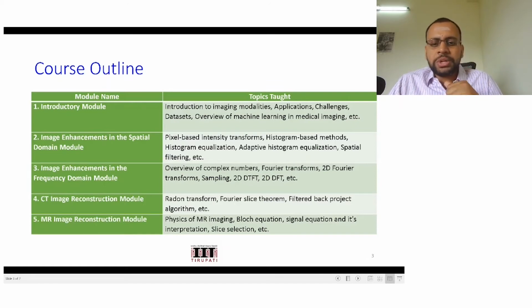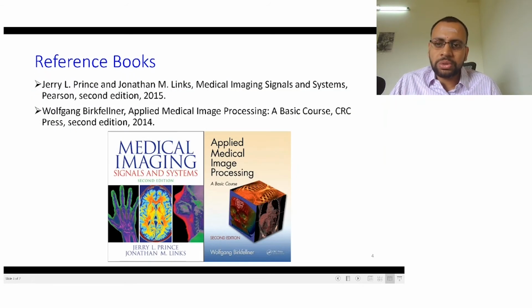And in MR image reconstruction, we would start with the physics of MR imaging, the Bloch equations, then the signal equation and its interpretation, followed by the slice selection procedures. So this is roughly the outline of this course.